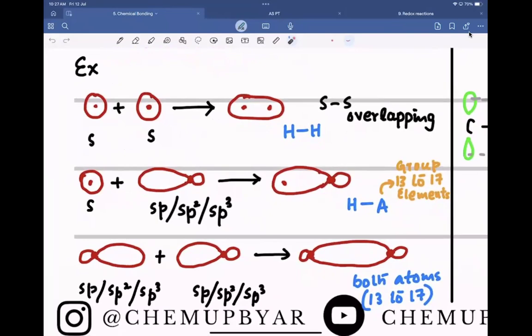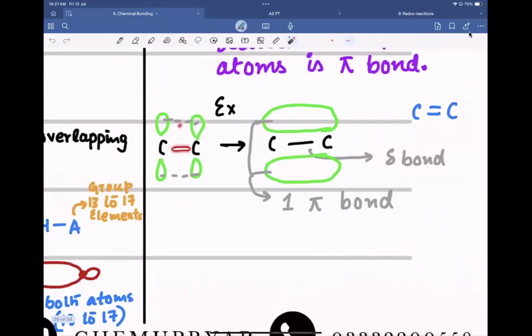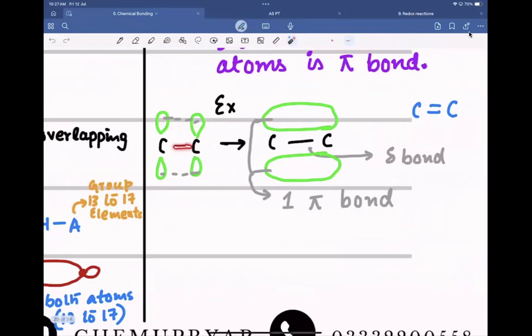Now, the first bond between the two atoms, which I highlighted in red, is the sigma bond. When the sigma bond is formed, and the two atoms have to form a double bond or multiple bonds with each other, what happens? This is their p orbital, and this is the p orbital of the other atom. As linear overlapping took place in the middle, the p orbitals do not bond in linear fashion.